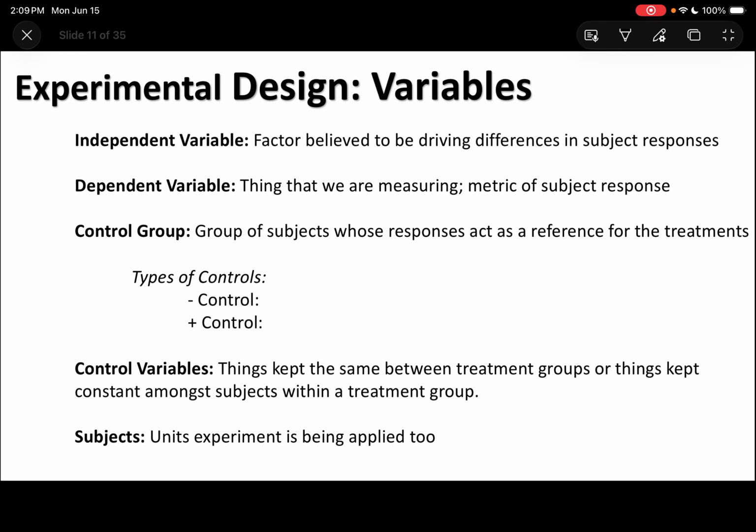experiment. The two main variables at the center of any experiment are the independent and dependent variable, okay? And a lot of times they go by slightly different names. Sometimes we'll call the independent variable the treatment, or sometimes it is called the experimental variable.